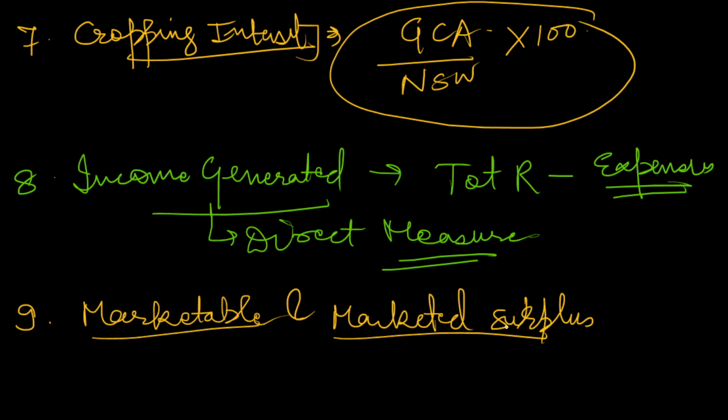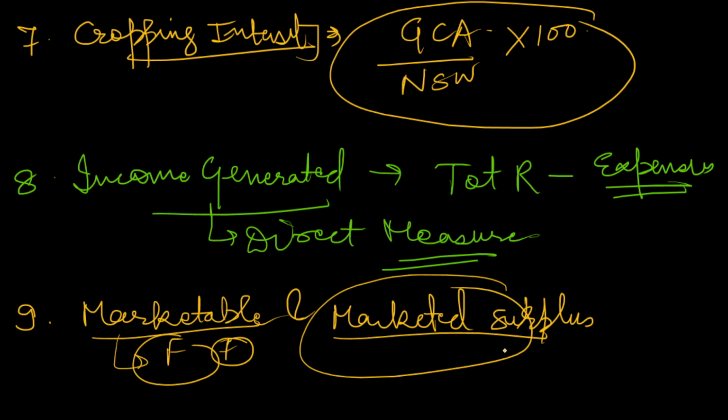So it will help us to indicate the commercial orientation of the farm. Is it market oriented or not? It will help us to understand the portion of output available for sale. After our consumption, because there will be some farm consumption and some family consumption, how much marketed surplus is left which can be sold. So this can also be a measure.